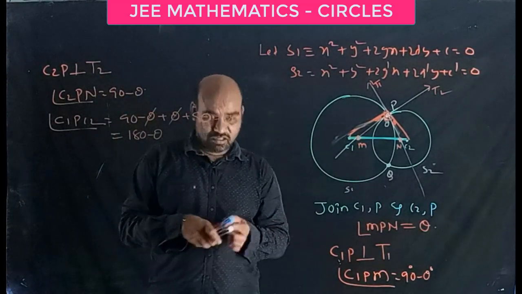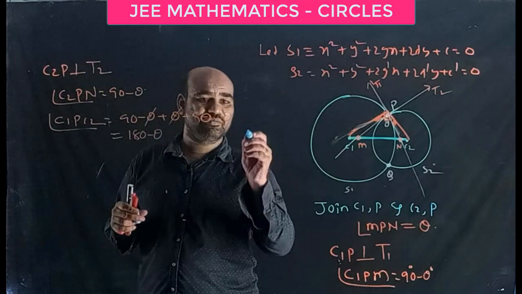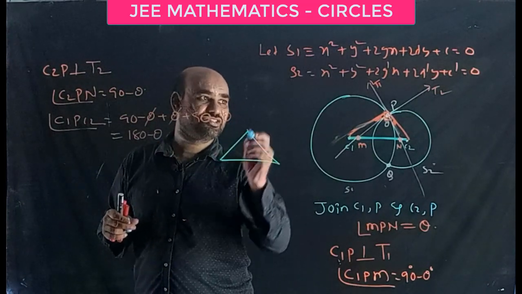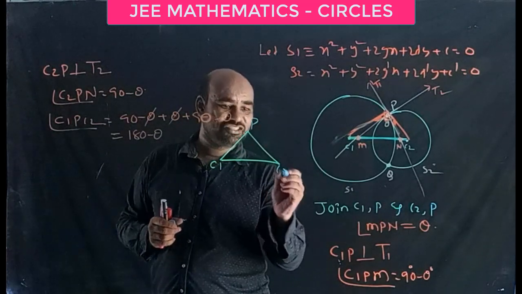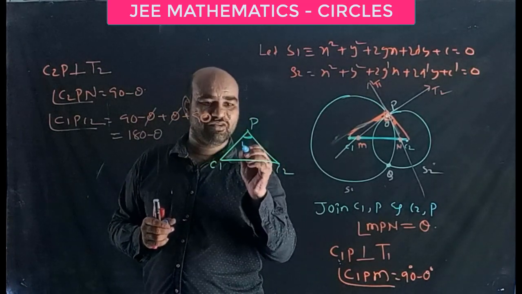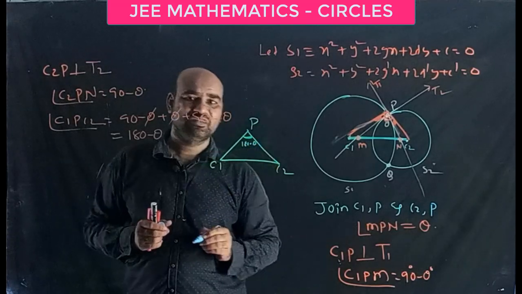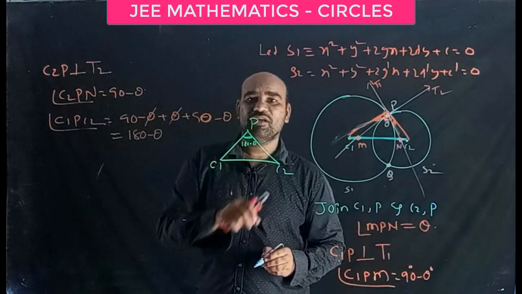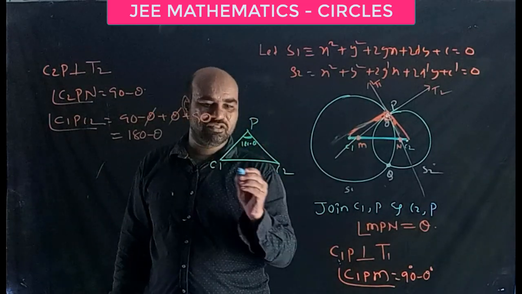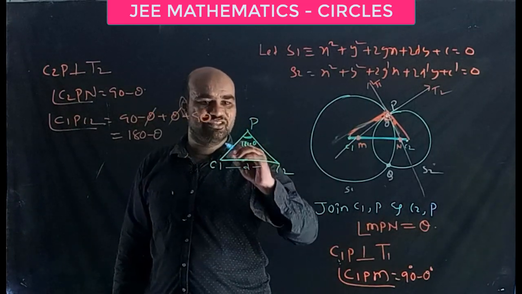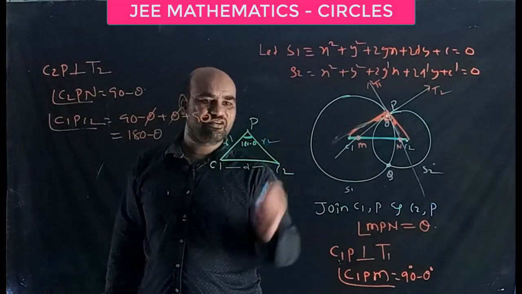Okay. Now I want to draw a separate diagram here. This is P, this is C1, this is C2, and this angle is 180 minus theta. On this triangle I want to apply the cosine rule. Already you know the cosine rule, already this is D, this is R1, this is R2.